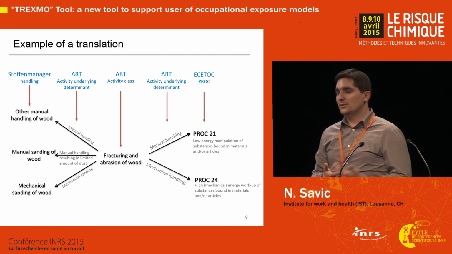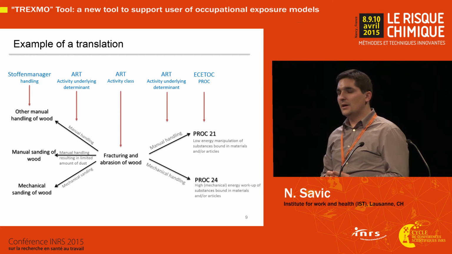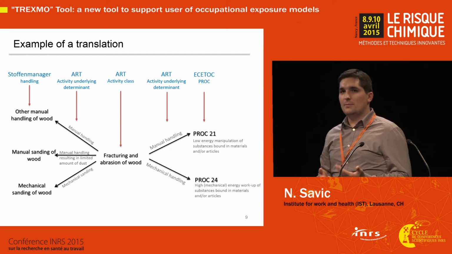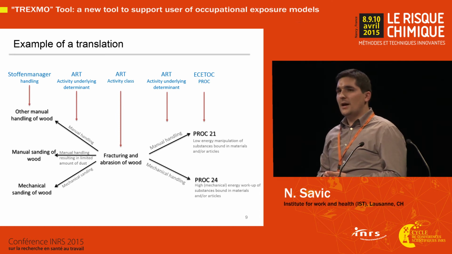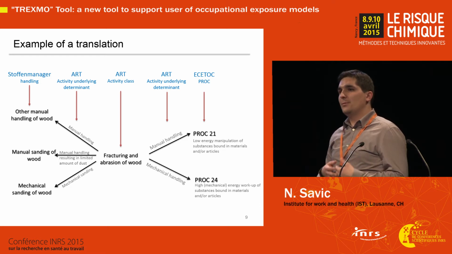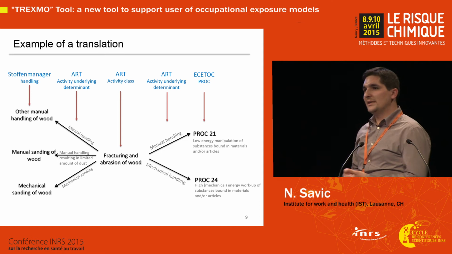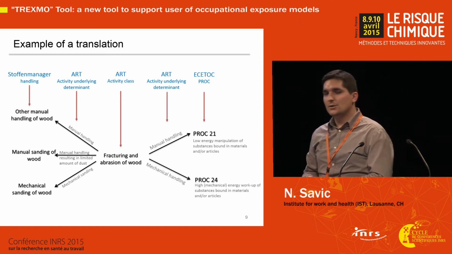Here we have a situation where we suggested translation from one activity class used in RT, fracture and abrasion of wood, combined with the underlying descriptor of activity in RT, in order to suggest to the assessor what process category he should use in EasyDoc or metal seals and in Stoffenmanager.